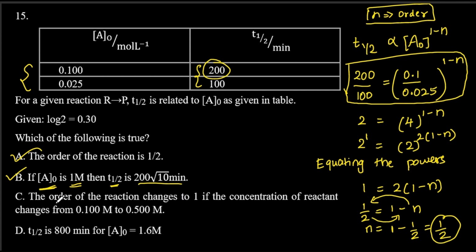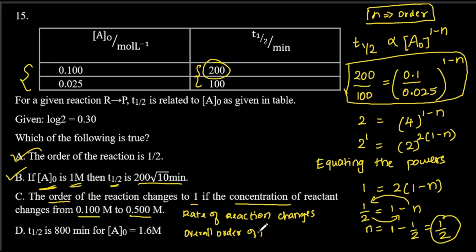So let us go to the third option. The order of the reaction changes to 1 if the concentration of the reactant changes from 0.1 to 0.5 M. Here they are telling the order of the reaction changes. When the concentration of the reactant increases, only the rate of the reaction changes. The overall order of the reaction does not change.